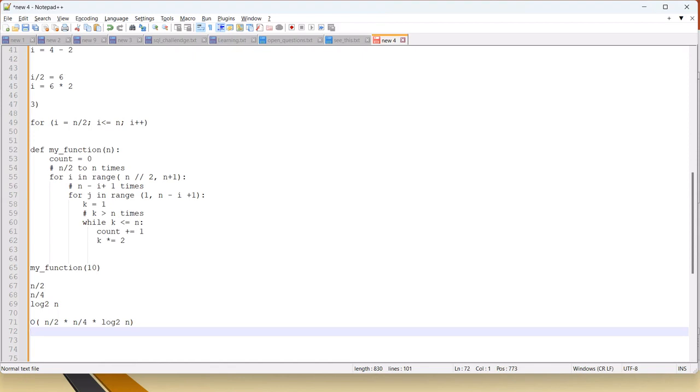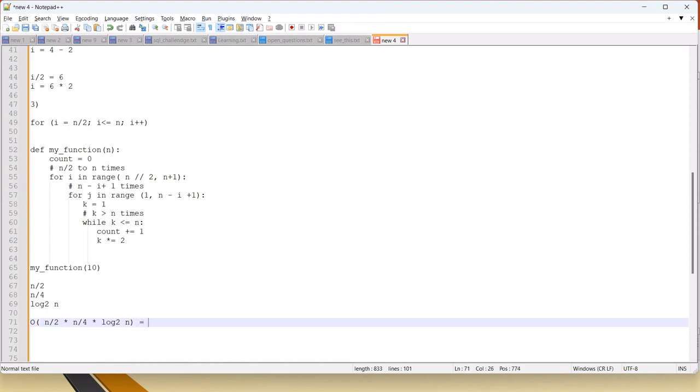Now when you simplify it, what will happen? If you take the first part, here we have n, here we have n, and here we have log 2 n. So it will become n square, correct, n into n square and log 2 n.